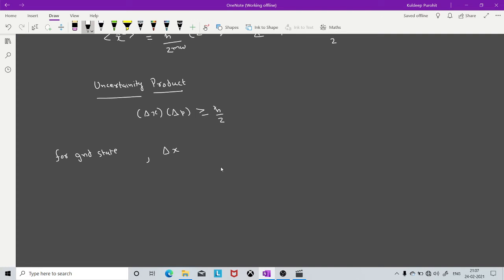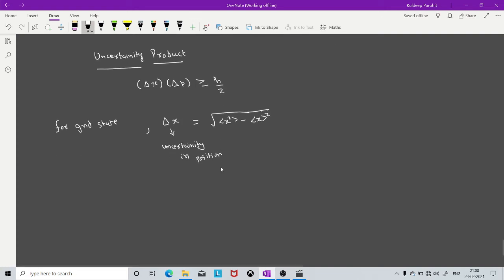This delta x, the uncertainty in the position, is generally given as under root of x square minus the square of the expectation value of x, somewhat like the standard deviation formula.